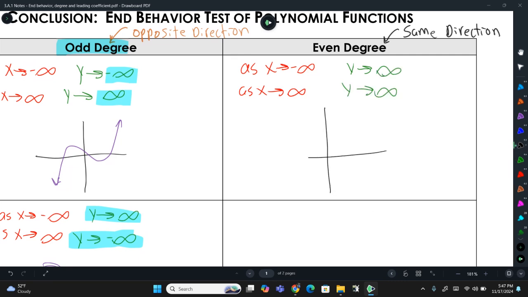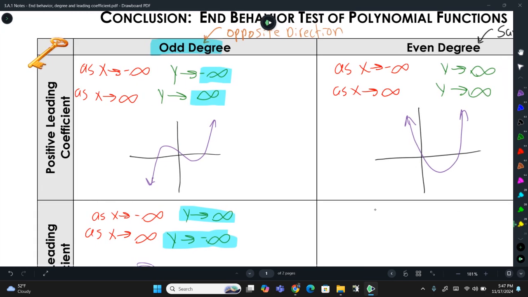An example of that would just be our quadratics that we graphed. We graphed a quadratic that looked like that, and both ends would either go up or both ends would go down. If the leading coefficient is positive, then both sides go up in an even degree function.